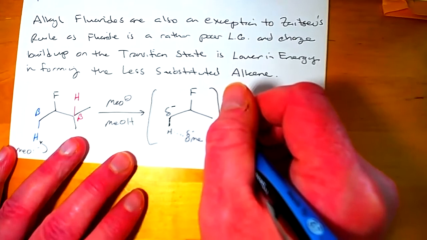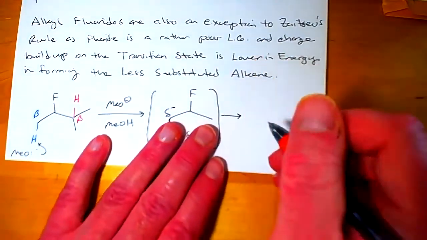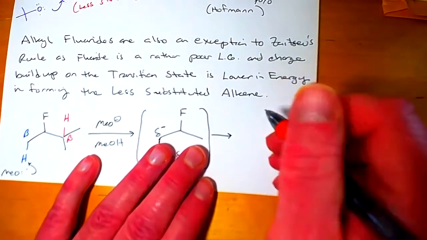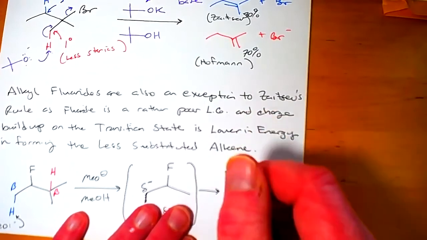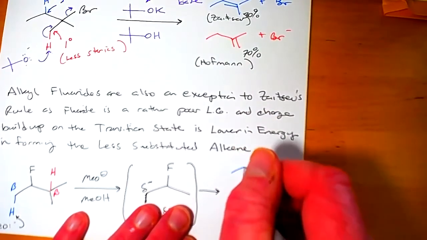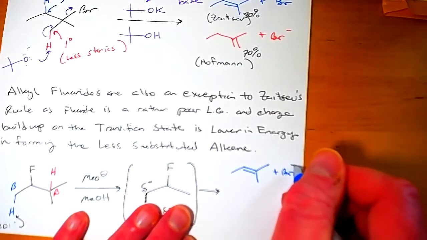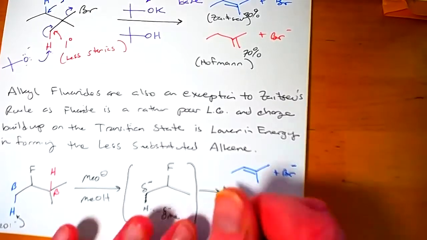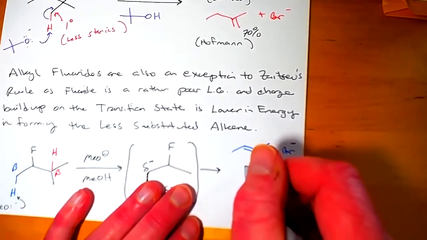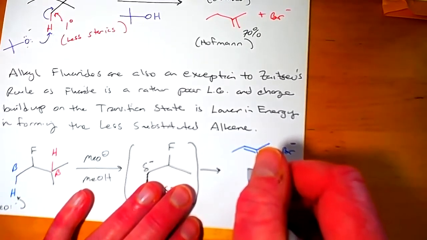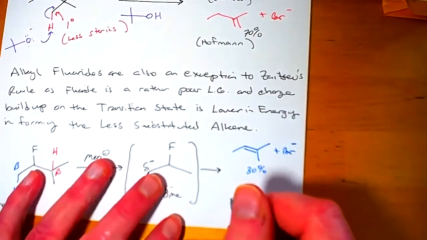So that means that we end up getting the following spread. For our Zaitsev product in this case, we see close to about a 30% yield, similar to what we were seeing before.